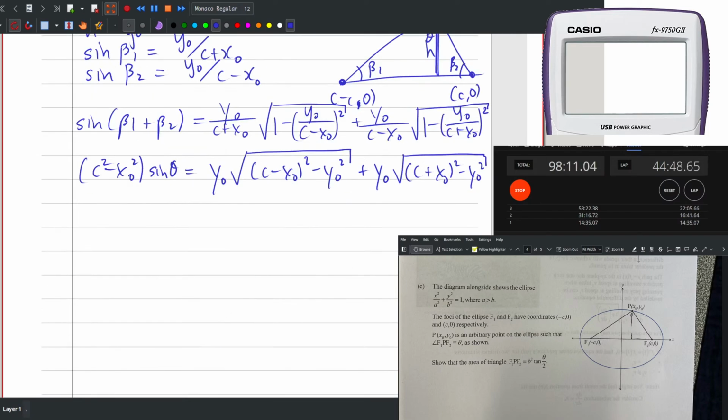What is this? It just becomes, no, because you have to multiply.